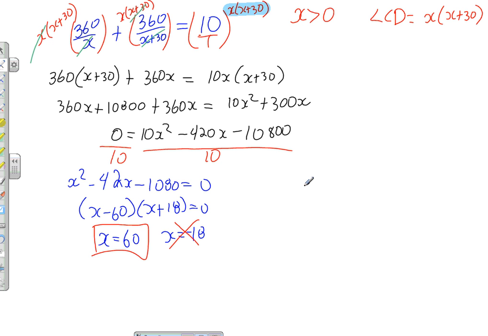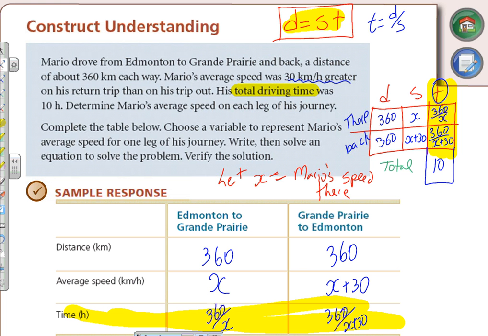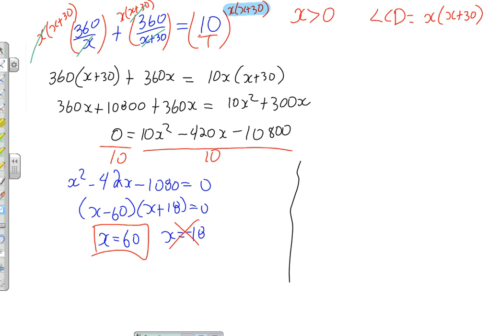And we actually want to, first of all, make sure that this makes even more sense right from the very problem. So do a quick check. Go right back to the problem, get the information. The time to go there would be the distance, 360, divided by the speed. Always do this to see, does it make sense?